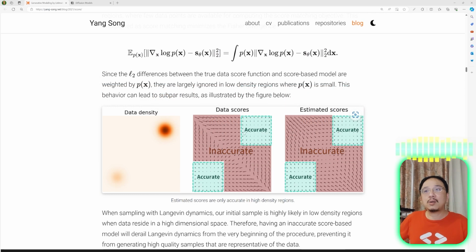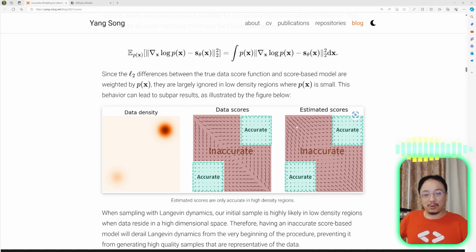So you can see, in reality the real score will have correct gradients to lead the sample toward a more populated, more dense area, like these arrows. However, if we didn't train the score function accurately enough, and we draw some samples starting from here, they will likely end up in the middle because the score function is not accurate.